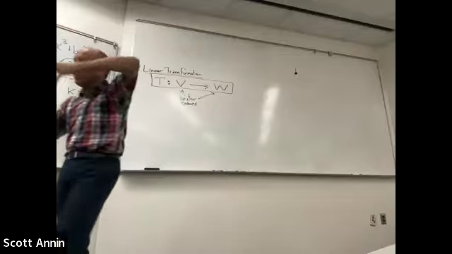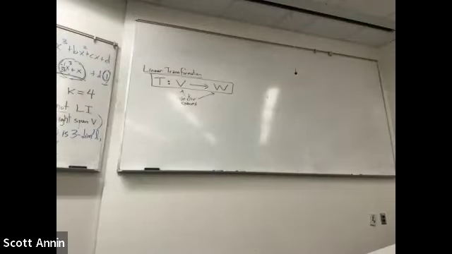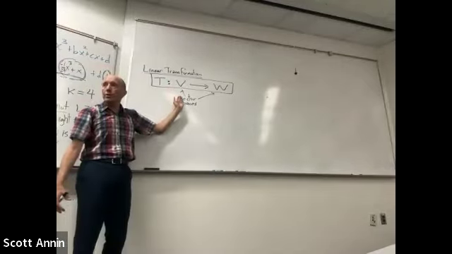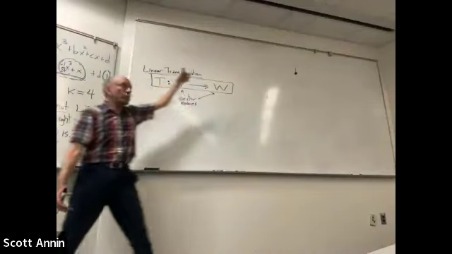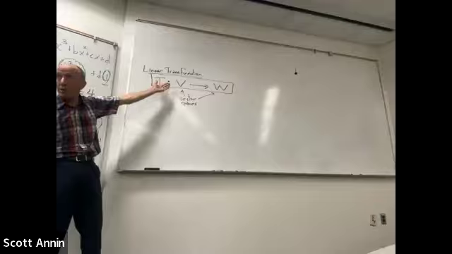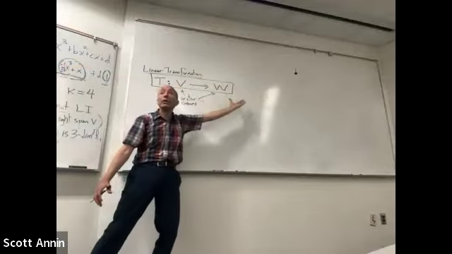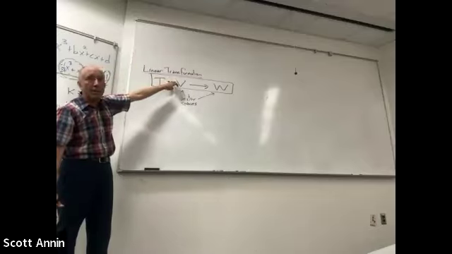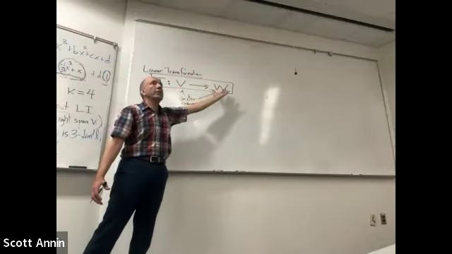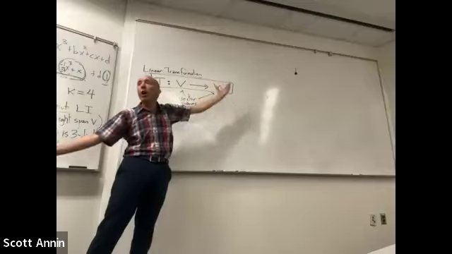Mathematicians are always interested in functions from one world to another. So in this case, you could be plugging in polynomials and spitting out vectors in R5. Or you could be plugging in a 2x2 matrix and spitting out a calculus function. Or you could be plugging in a vector in R3 and spitting out a vector in P7 of R, right?